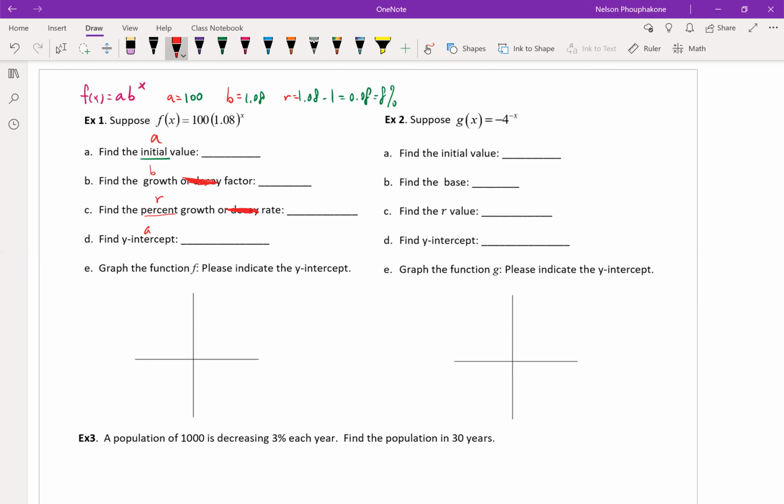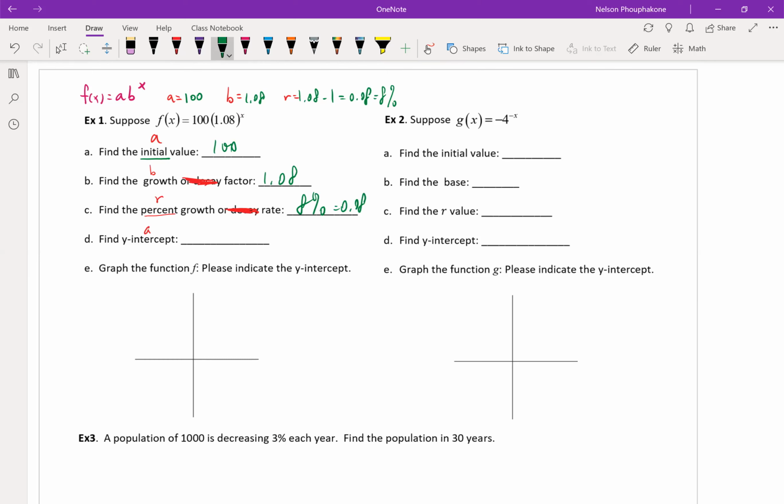So for this problem, my initial value is 100, my growth factor is 1.08, and my growth rate is 8%, or sometimes we just write 0.08.